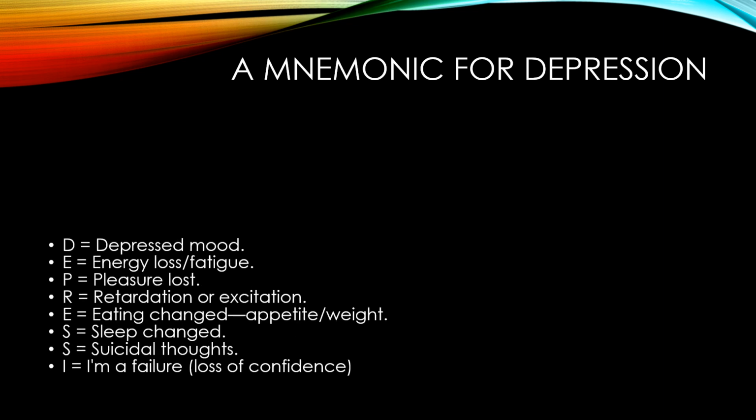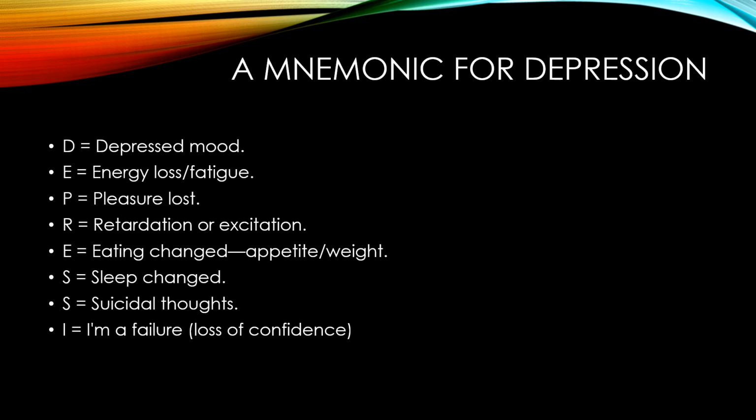Now, just like we made a mnemonic for bipolarity or a manic episode, we have a mnemonic for depression also, so that all the symptoms can be easily remembered. D is your depressed mood, obviously. E is loss of energy or fatigue or generalized weakness. P is loss of pleasure.